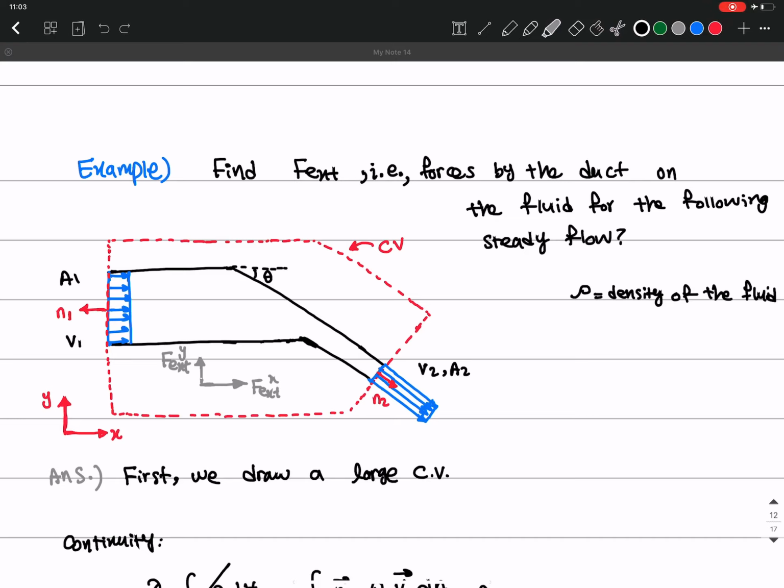So we drew this control volume, and then by assuming a zero pressure gradient, we started writing the mass conservation and momentum conservation. For momentum conservation, we wrote the x component, and then we substituted the mass conservation into the momentum conservation in the x direction.